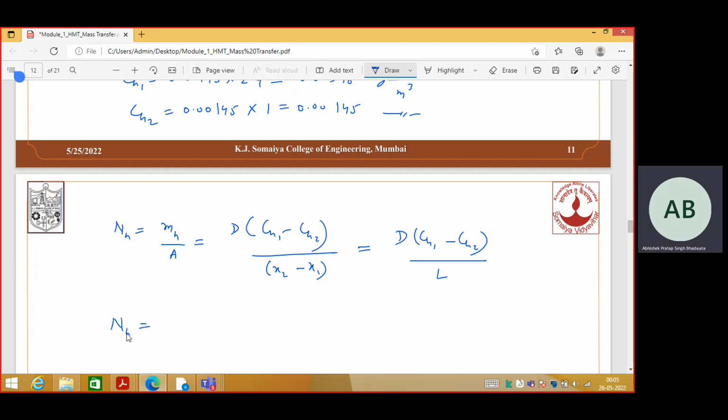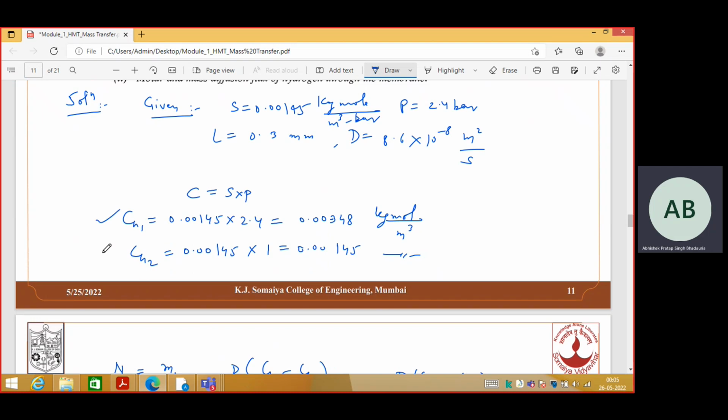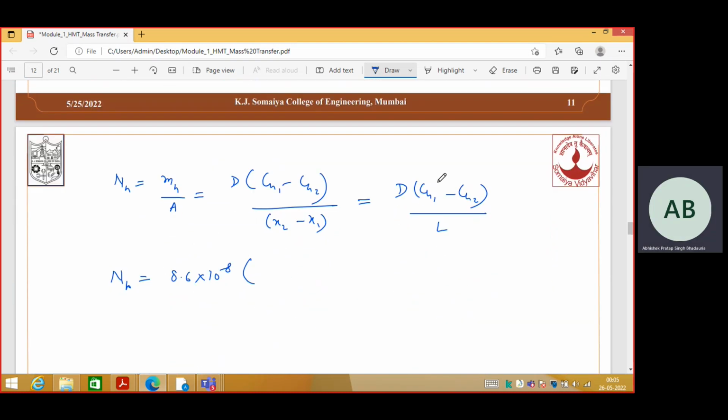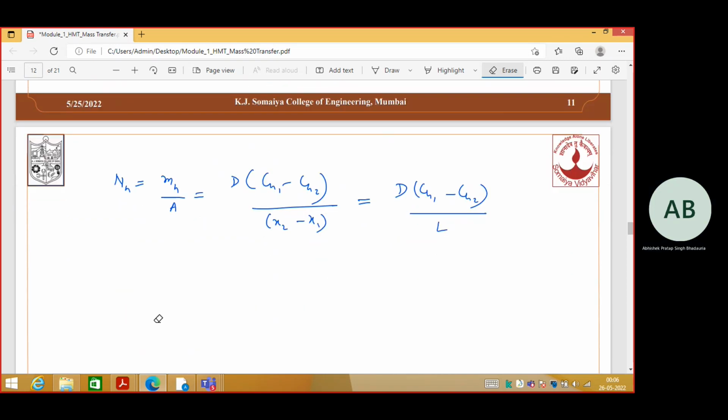So NH is equal to D, 8.6 into 10 power minus 8. This value is given, and the CH1 and CH2 values we have already calculated. So we'll put the values of CH1 and CH2 here, and the value of L is 0.0003. So we know the value of all.